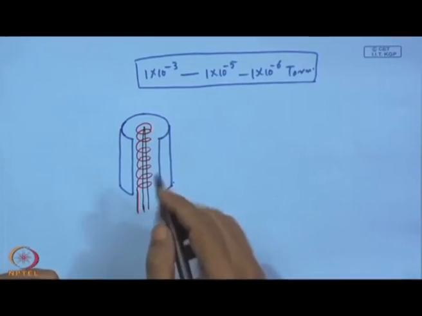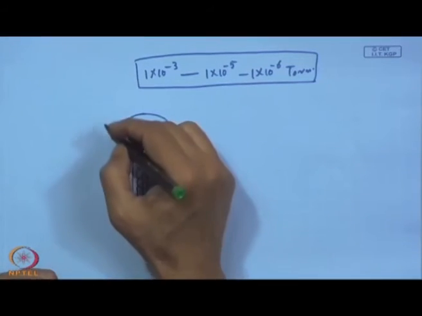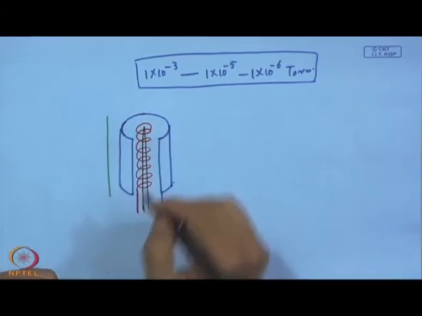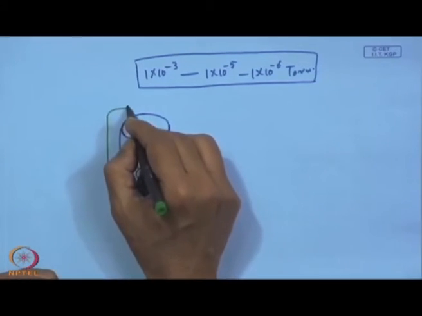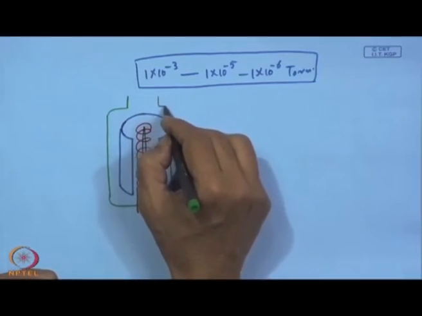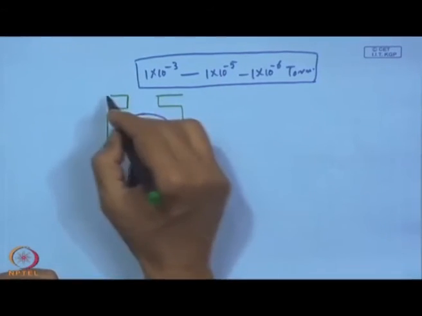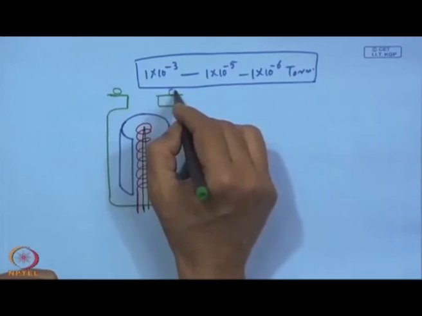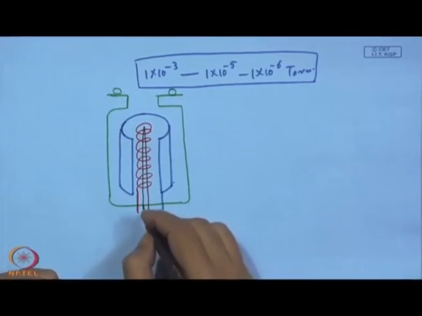Here we have 4 terminals and the whole thing is put inside a casing. Outside, this side is the flange and this side with the O-ring goes to the chamber. Now, what happens?